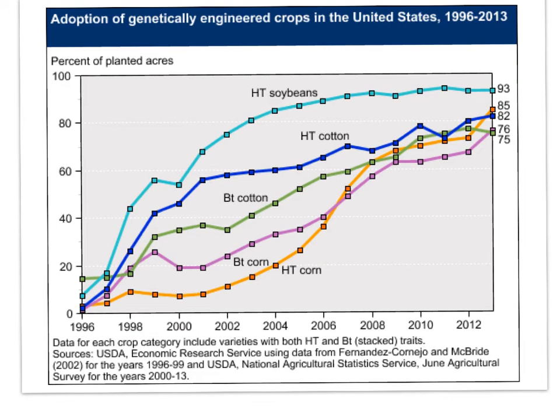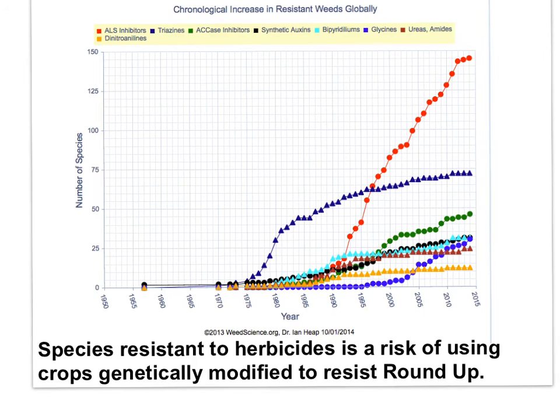You can see in this graph that the use of genetically modified crops, herbicide-tolerant soybeans, herbicide-tolerant cotton, Bt corn, has generally increased since 1996. But so has the incidence of species resistant to herbicides increased over time. Weedy species resistant to herbicides is a risk of using crops genetically modified to resist Roundup, a herbicide.